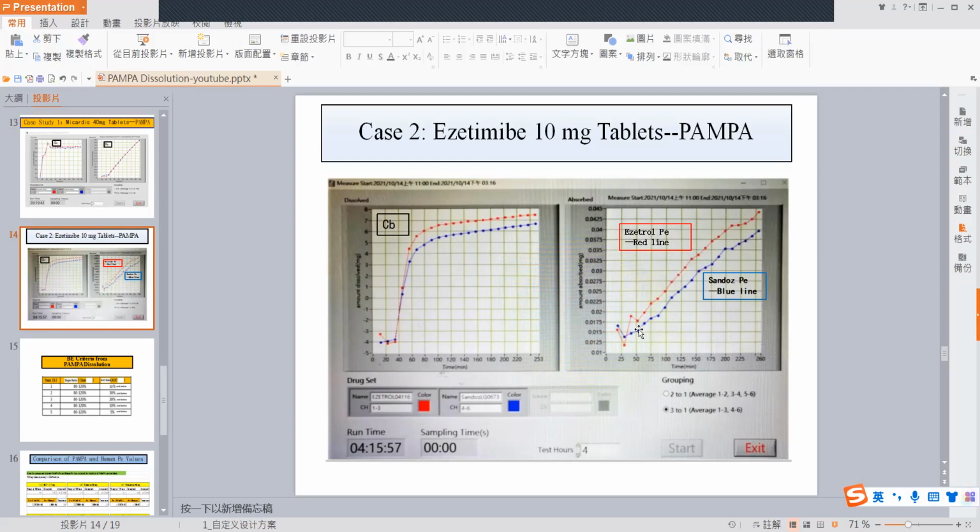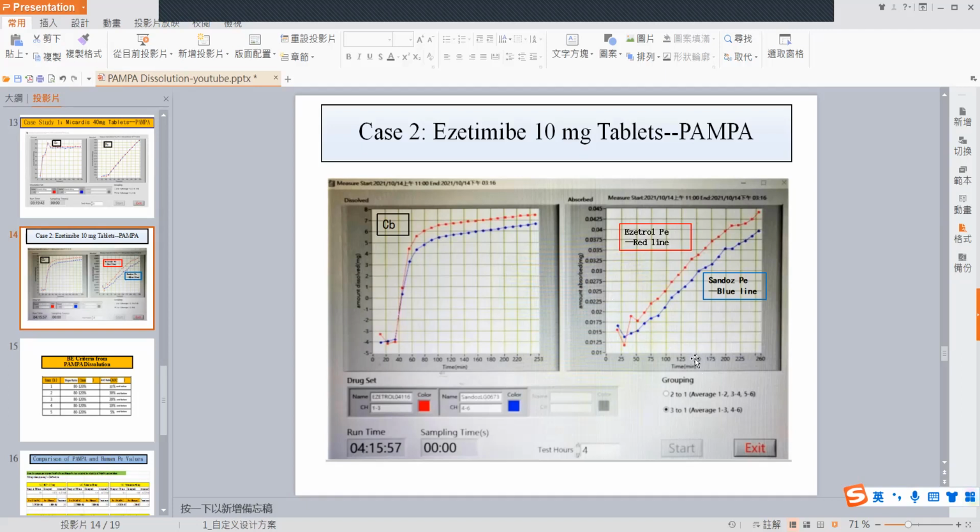If you do the regression line of all the points, you will see the slopes are fairly close. Slope means the y-axis divided by the time in the x-axis.